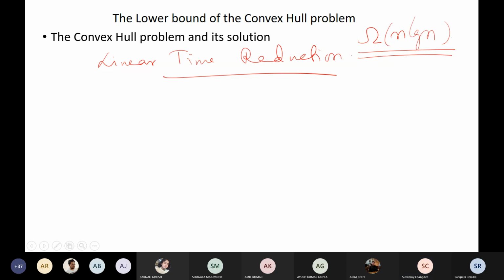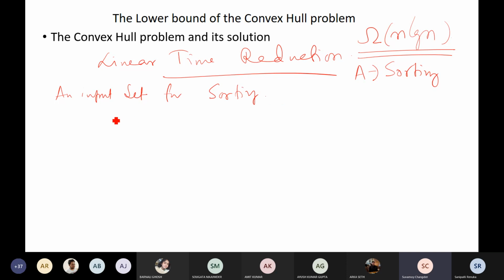Okay. So what is given? Any sorting problem. Let us consider this is A. So an input set for any sorting problem is given. Okay, any sorting problem is given.